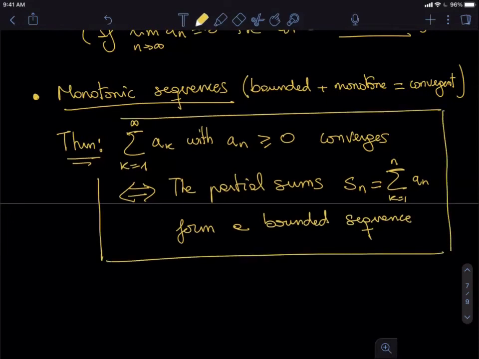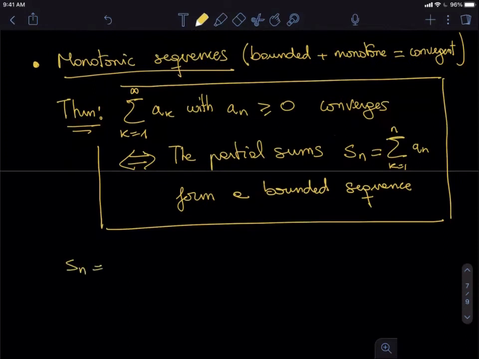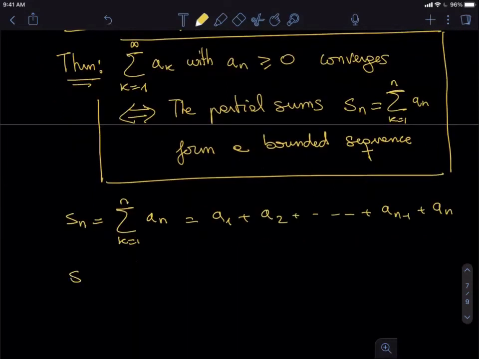Here the important remark, there is not much to prove actually. Because all the terms a_1, a_2, and so on are non-negative, whenever I add one more, it's always going to give something larger. So it's monotonically increasing. We will have that S_n is bigger or equal than S_{n-1}.